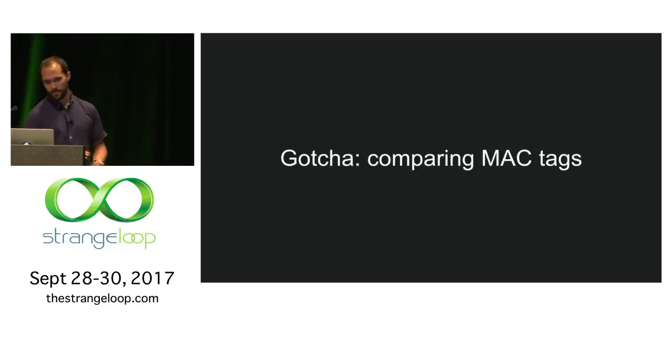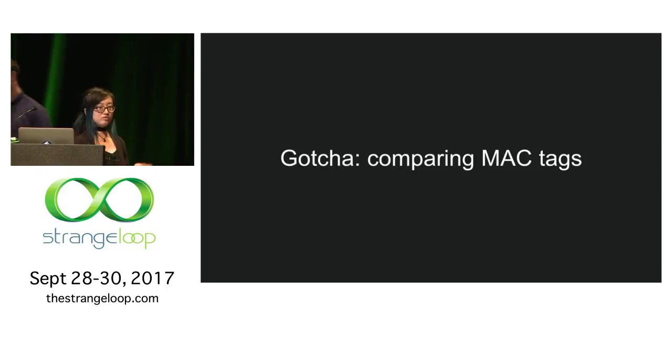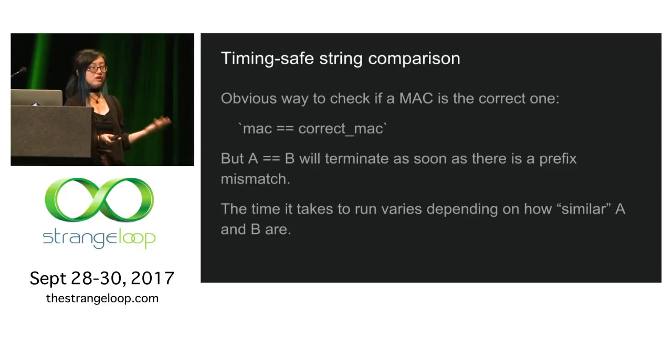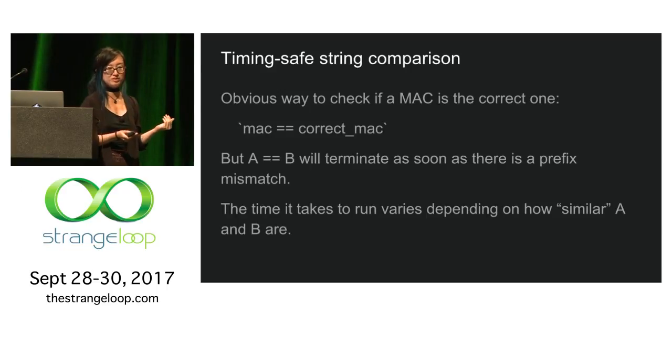So another gotcha appears when you start comparing these MAC tags, that is, when you're trying to verify that the MAC is the expected value on the server. The obvious way is to use == on two strings as a string comparison. But there's a subtle problem here, which is that this == function terminates as soon as there is a prefix mismatch between the two strings.